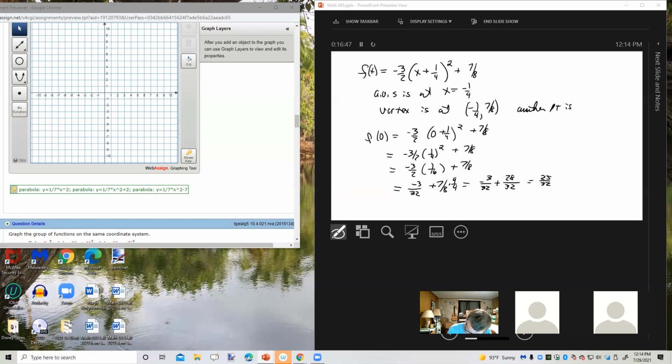Wow. So another point is what? 0, comma 25/32. Yeah, there's no way I'm going to plot that accurately to start with. So here we go. The vertex is at negative 1/4, 7/8. So negative 1/4, 7/8. It's about there. The next point is at 0, and then 25/32.